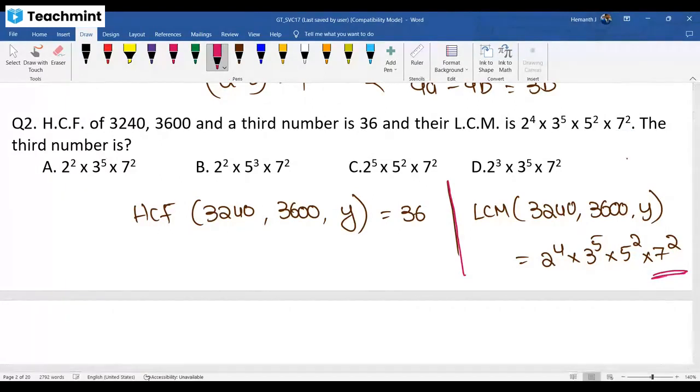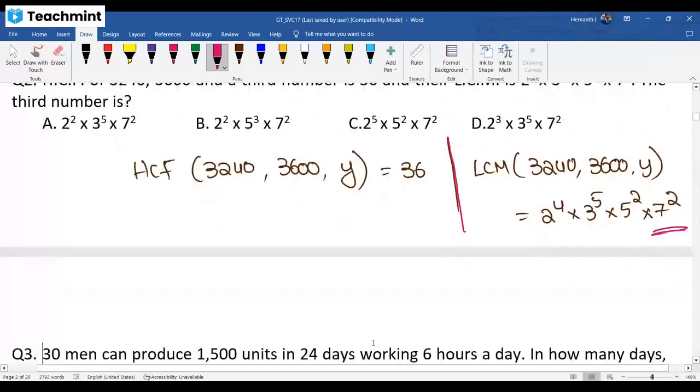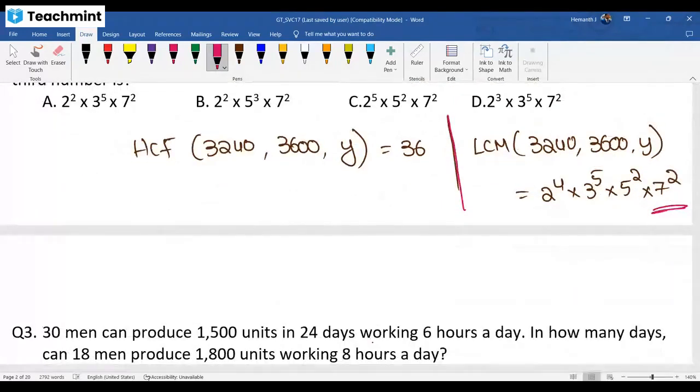Fine. Now, sir, how to do it? You have to know the basics related to the LCM and HCF concept. First of all, we have to write the given number as prime number powers. 3240 is 324 into 10. 324 is 18 square, and 18 is 9 into 2.